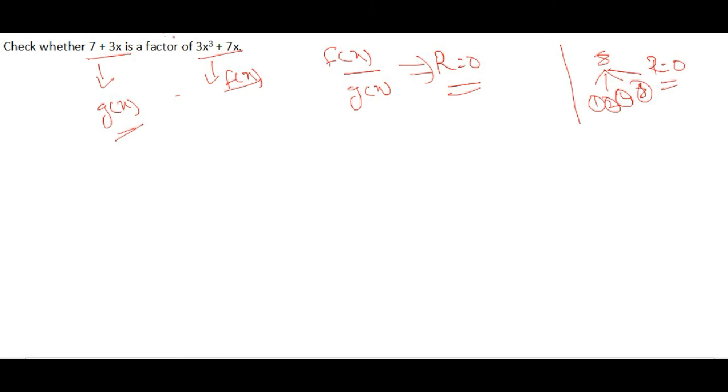So to find the remainder of this f x upon g x, I have to find the value of a. So what is a? The zero of this 7 plus 3x. So from here I will get a is equal to minus 7 upon 3. So let's find out f of minus 7 upon 3, which is equal to 3 times minus 7 upon 3 cube plus 7 multiplied by minus 7 upon 3.